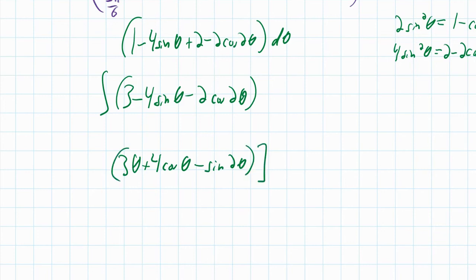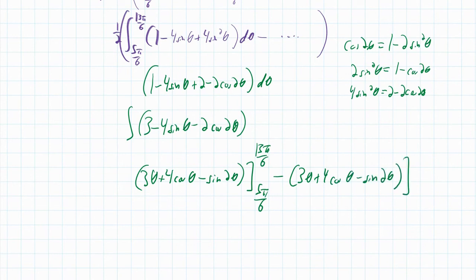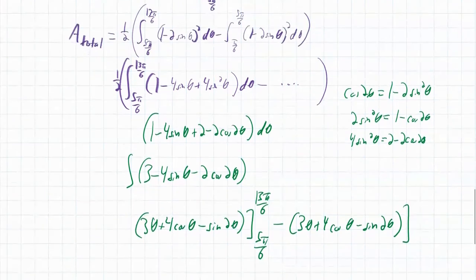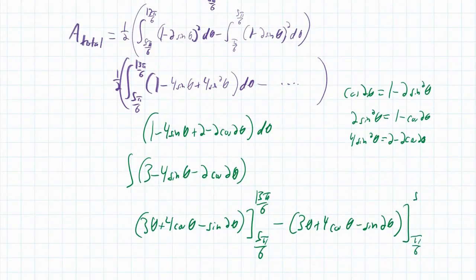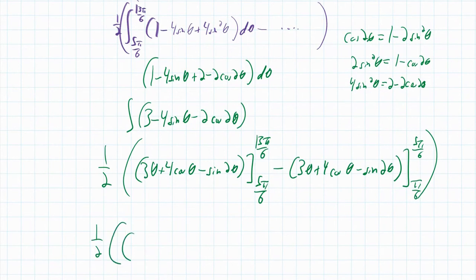And this is going to be evaluated from 5 pi over 6 to 13 pi over 6. Then I'm going to subtract the same thing. So 4 cosine of theta minus sine of 2 theta. And we're going to evaluate that from pi over 6 to 5 pi over 6. And all of this is going to be multiplied by 1/2.